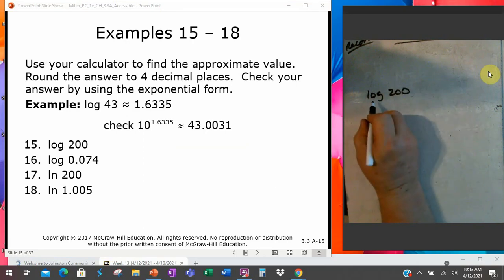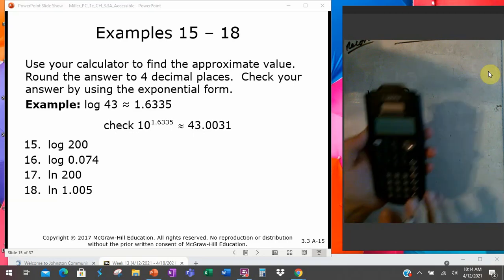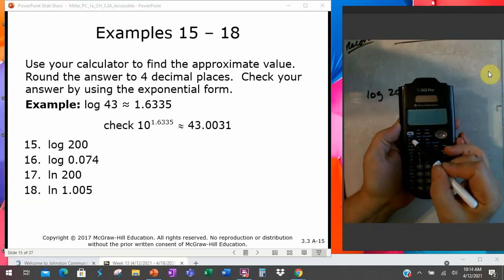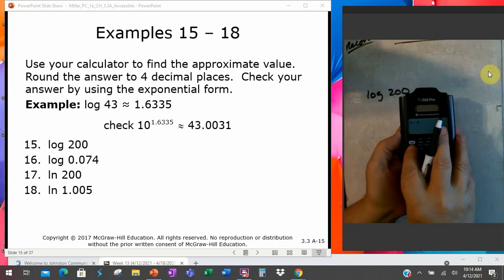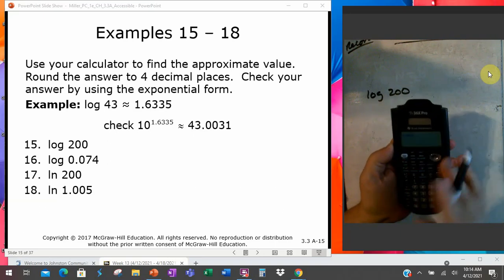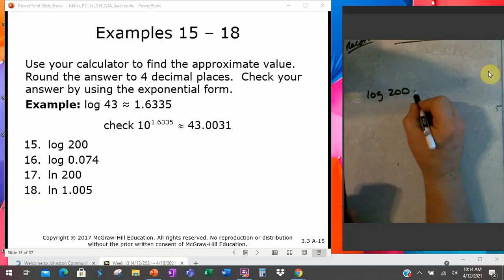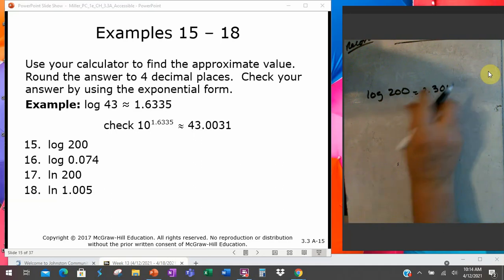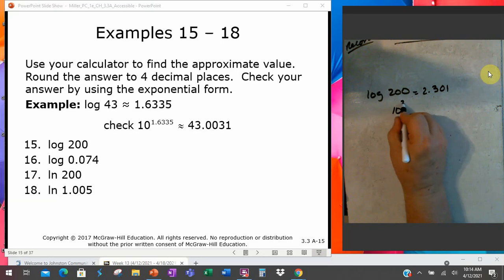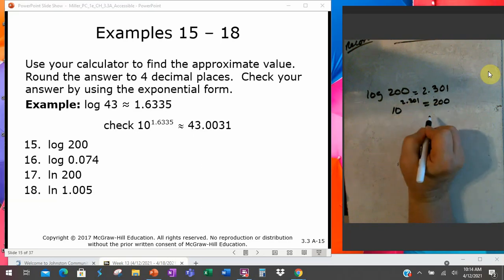Here the log is understood to be base 10. This is the ln log key that gives me different bases. So I toggle it again, and the log of 200 is just 2.301. So 10 to the 2.301 should be 200.